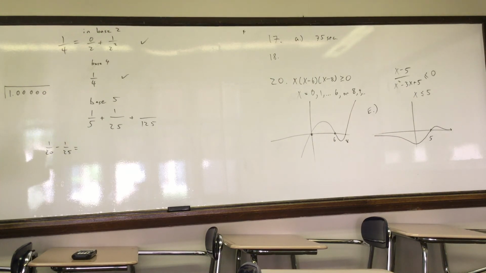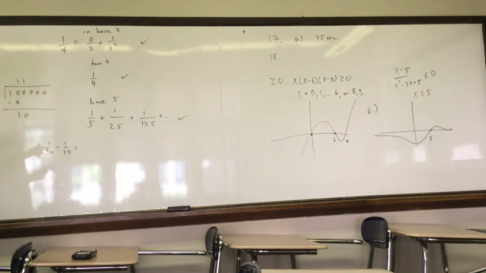Let's try this again. Okay, so 10 in base 5 is 1, so I have 1, 4. Yeah. 10 minus 4 is 1, so it will repeat.